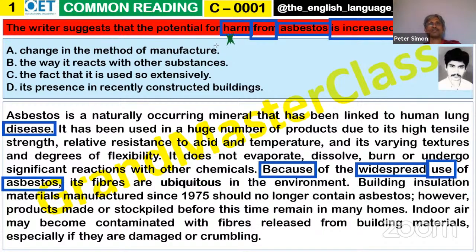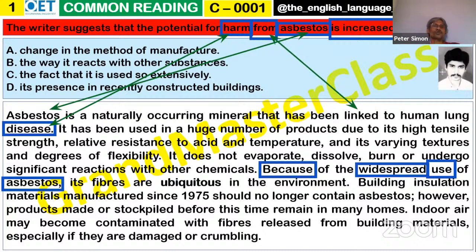So harm means a disease. Asbestos is here. From means link. So that's very evident now.